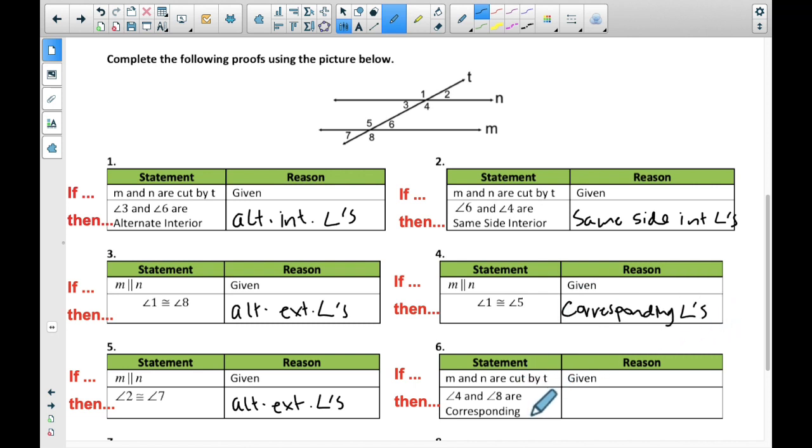And angle 4 and angle 8, those are also corresponding. Oh, sorry, we have corresponding. We should call this one definition of corresponding angles. And maybe we should do that up here as well. Let's add the word definition of alternate interior angles, because they're just saying that that's what they are. So that's just a definition.